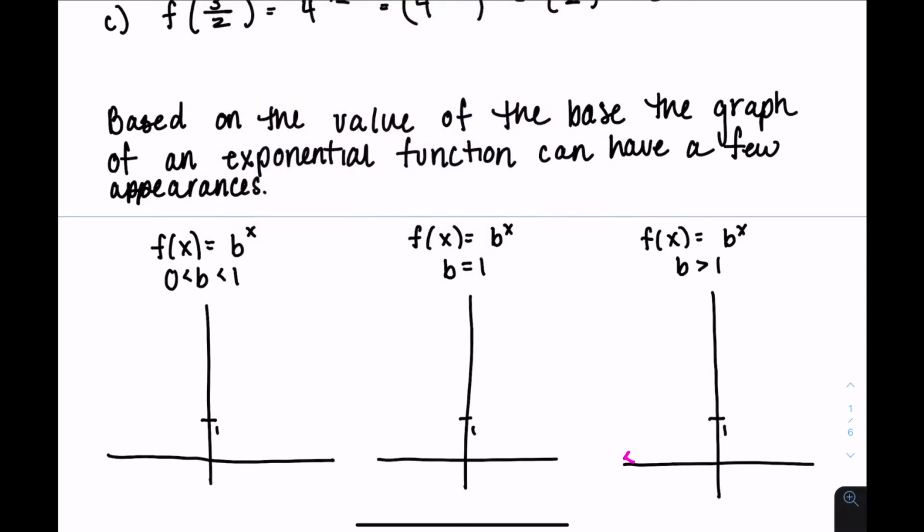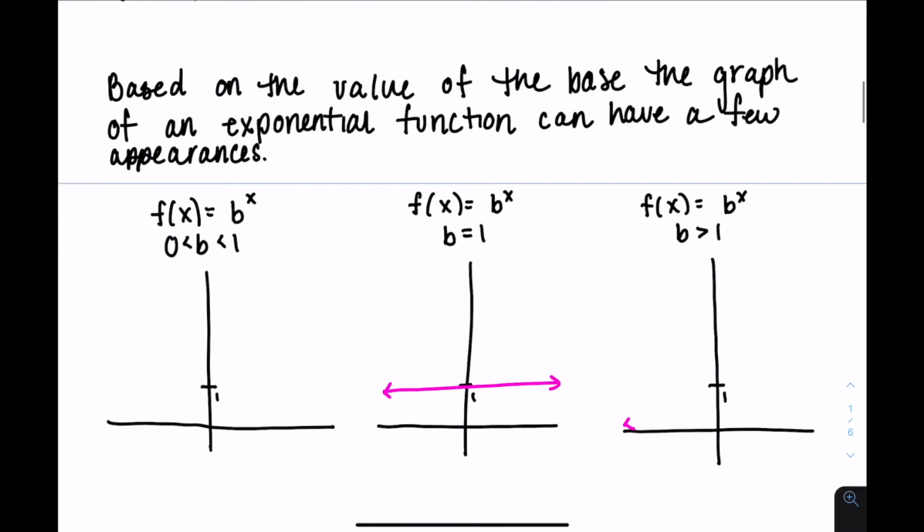When the base is equal to 1, that is the most boring case because it's just going to be a straight line, which is why we're going to ignore this one most of the time. And in this case, your domain is anything you want, but your range is just going to be 1, so it's boring.